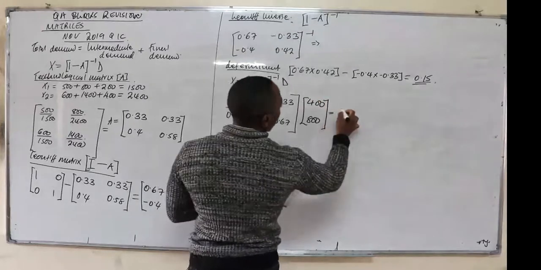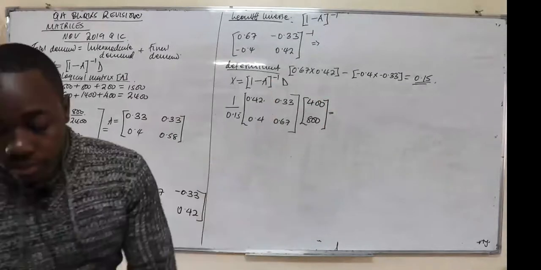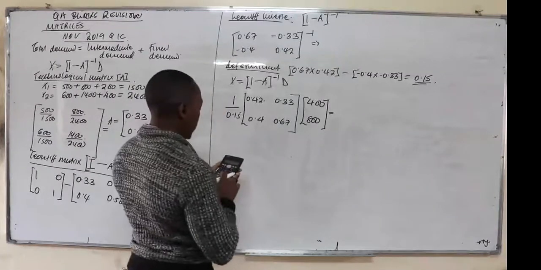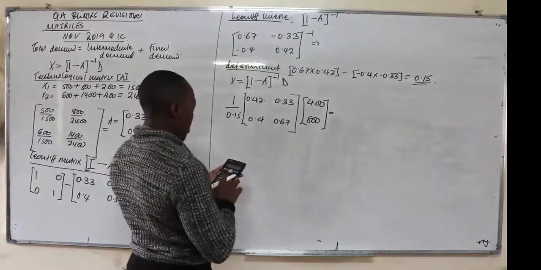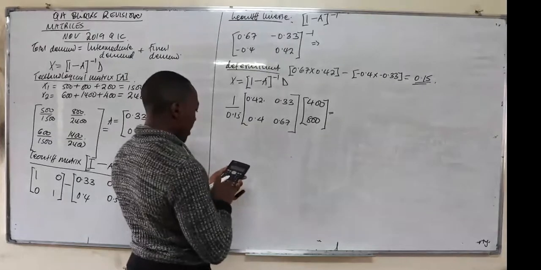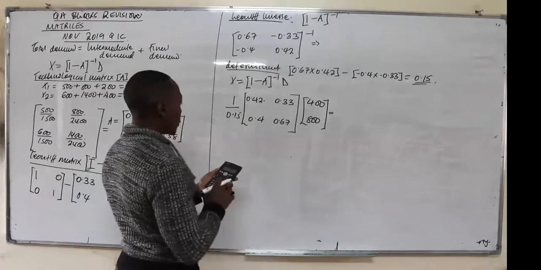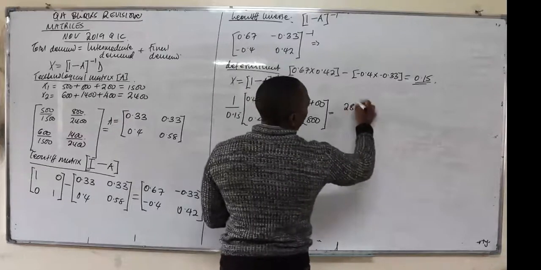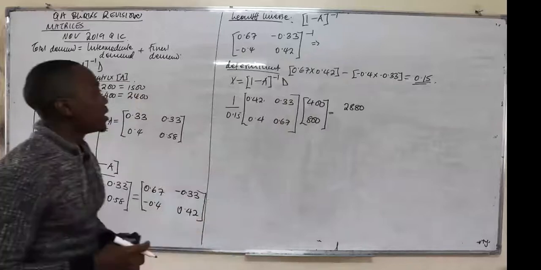So how much is the gross output? You take 0.42, multiply by 400, you add 0.33, multiply by 800, then what you get, you divide by 0.15. You get 2880 for X1.